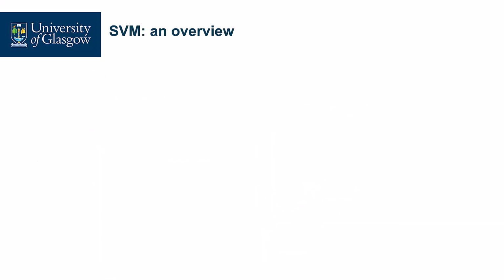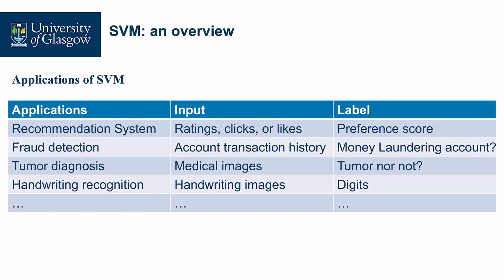In the real world, there are many applications of SVM for classification. In this table, I list a few of them. For example, in your mobile app's recommendation system, we input the ratings, the clicks, or the likes, so it provides a preference score, right? Also for fraud detection, in your mobile banking or your email, the machine can suggest if a request is a fraud or not.